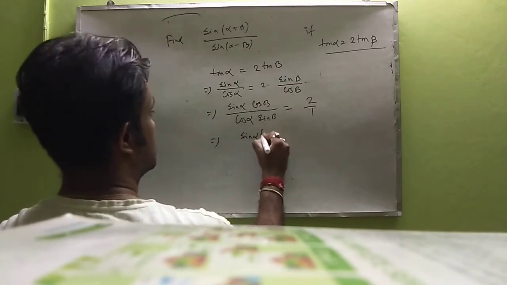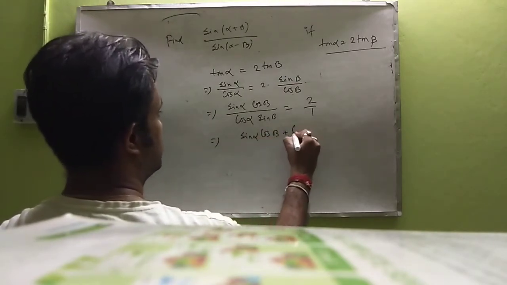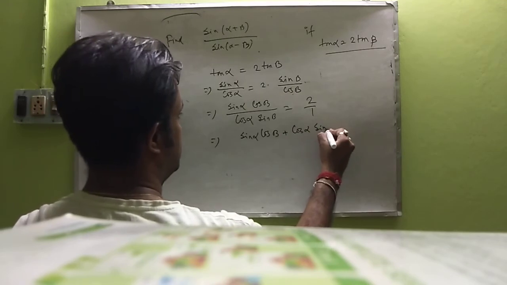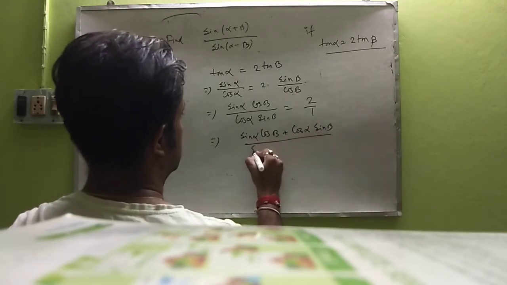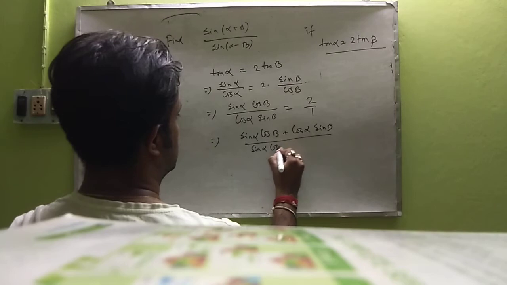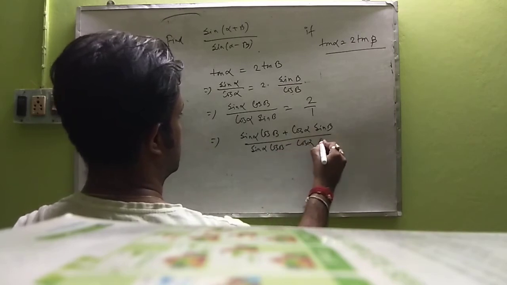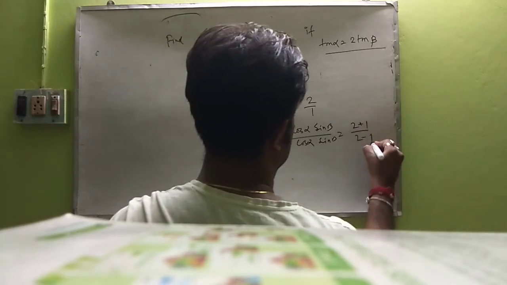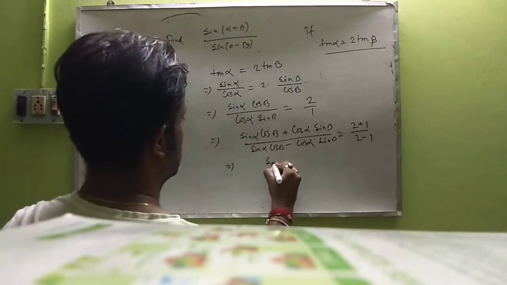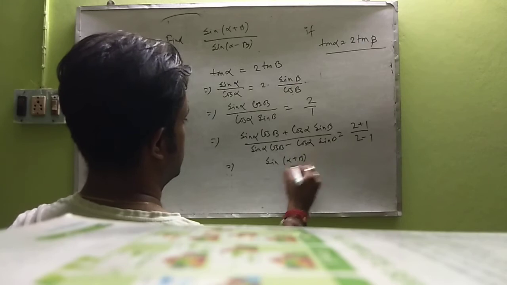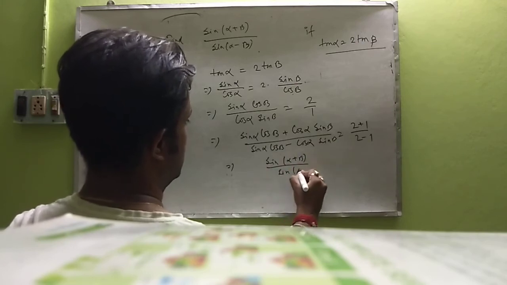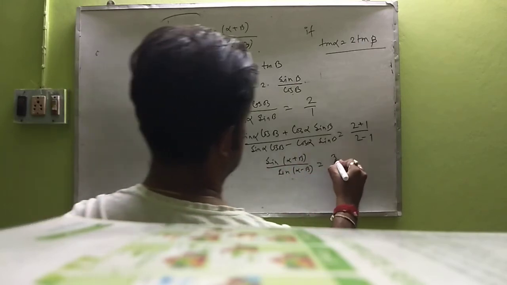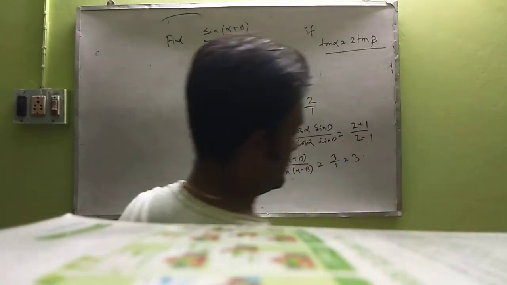That is sin alpha cos beta plus cos alpha sin beta, over sin alpha cos beta minus cos alpha sin beta, is 2 plus 1, 2 minus 1, which will be sine of alpha plus beta by sine of alpha minus beta, 3 by 1, that is 3.